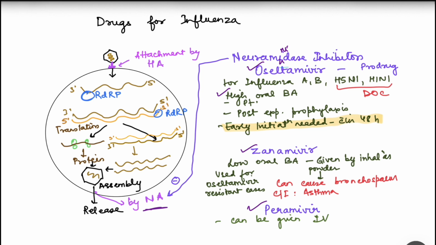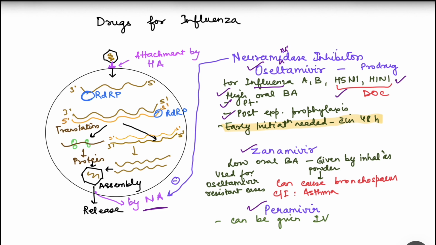This Oseltamivir is used for influenza, both influenza A virus and influenza B virus. It is also used for bird flu virus, that is H5N1, and the swine flu virus, that is H1N1. And it is used both for patients and also for post-exposure prophylaxis.